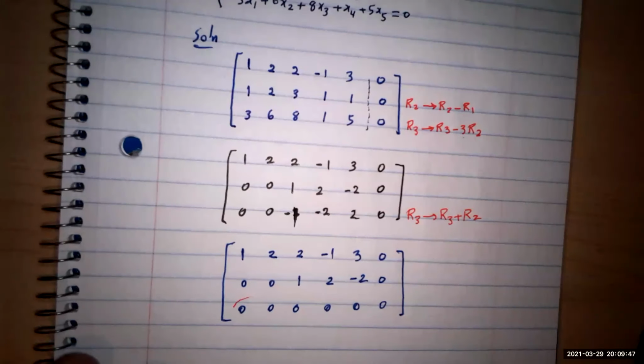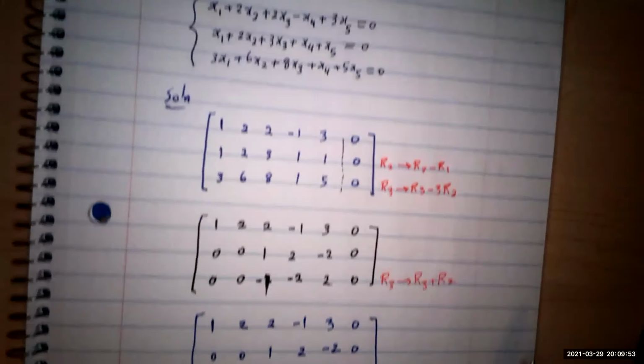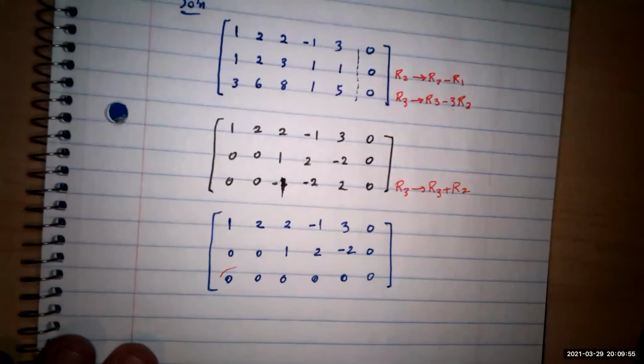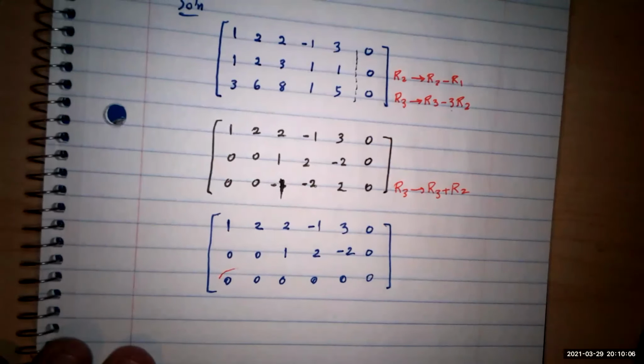Remember, you have 5 variables, but only 2 equations. So we have to pick 3 of these variables to be free.